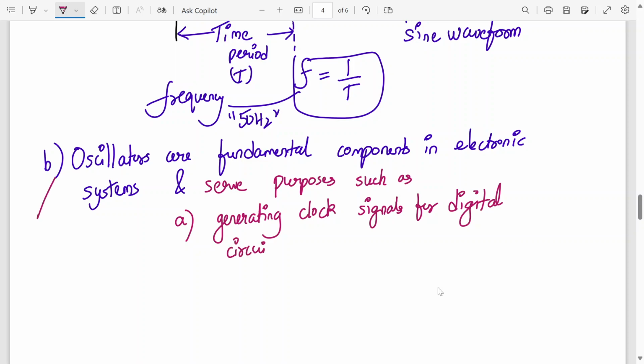ये explain क्या कर रहा है? What is it explaining? Explain the need of oscillator. ये आंसर लिख रहे हो तुम लोग. Okay? Understood?